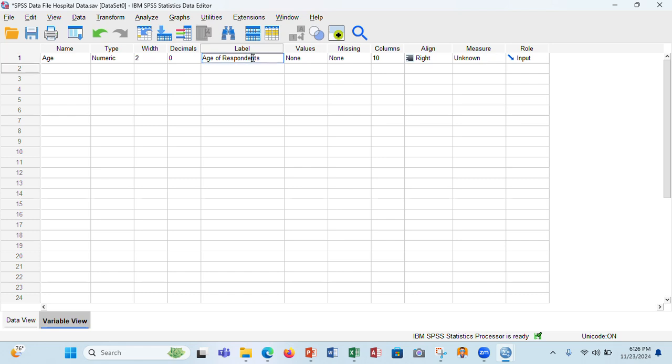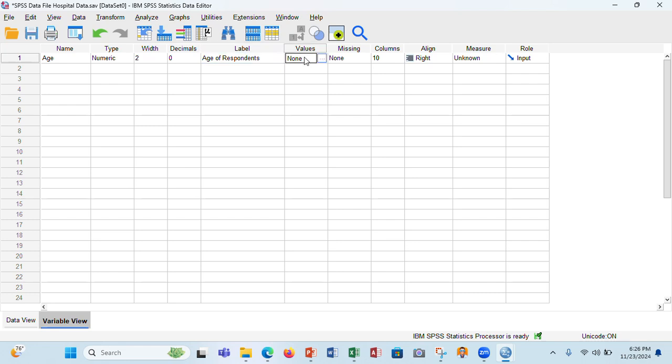This label here means that these are the names of those headings or those figures, and how you want to label the figures, if they are graphs, if they are tables, and or the graphs that you want to run in SPSS. How they will be named will be according to the labels here.